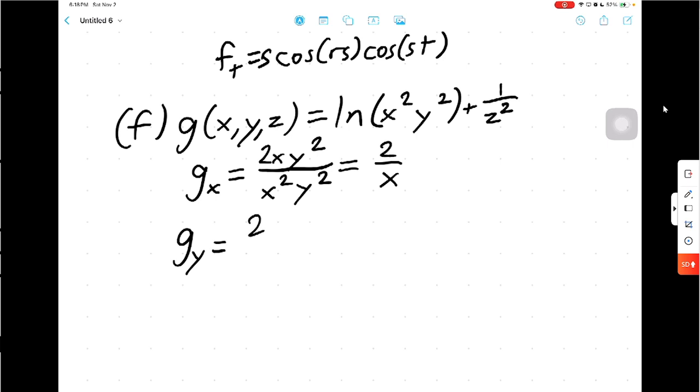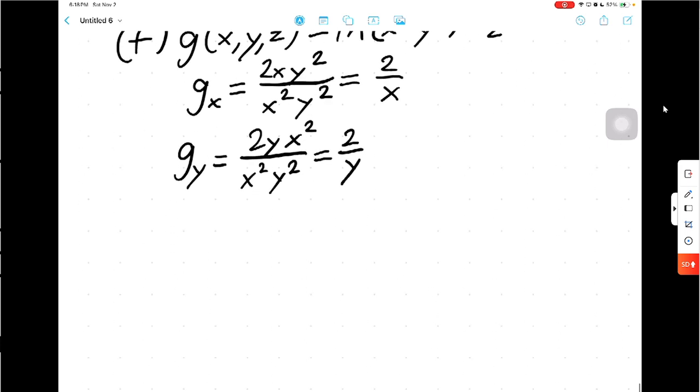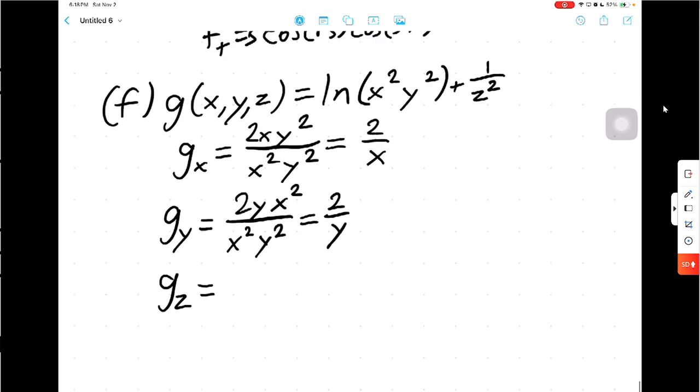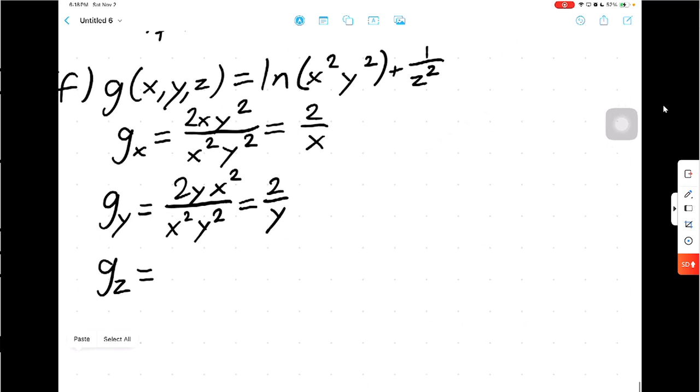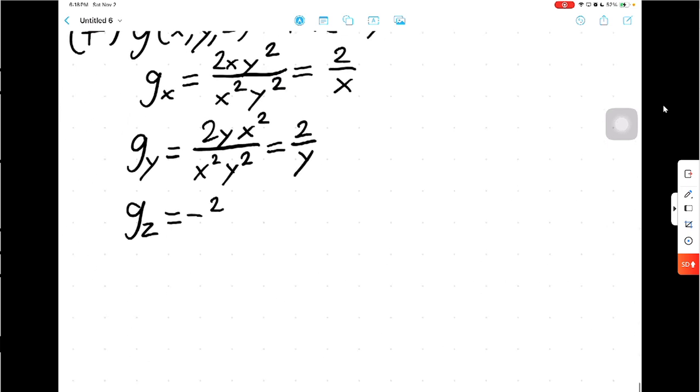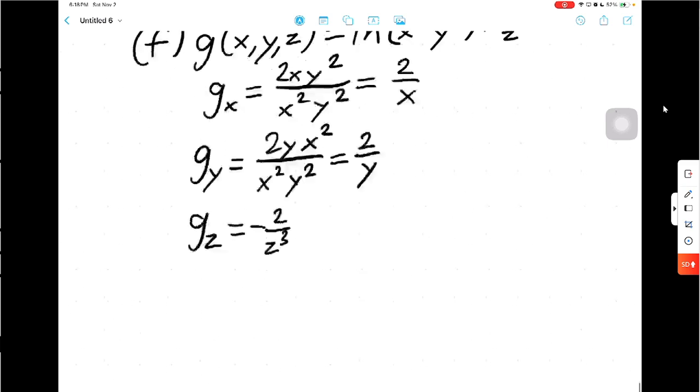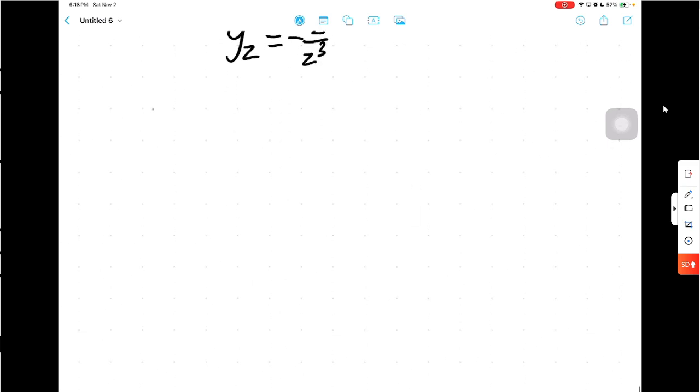G of y is the same thing, so we get 2 over y. Gz is going to become just the derivative of the 1 over z squared here, which is going to become negative 2 over z cubed.